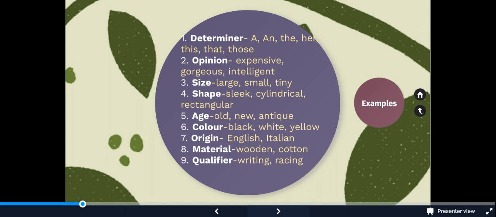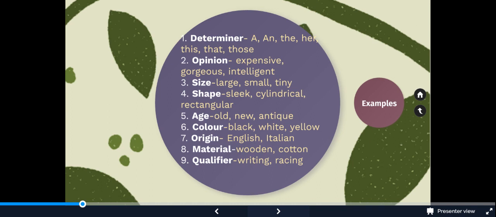Then the second category is opinion. Opinion is specific to an individual. Examples are expensive, gorgeous, intelligent, interesting, beautiful, disturbing, tight, loose, etc.